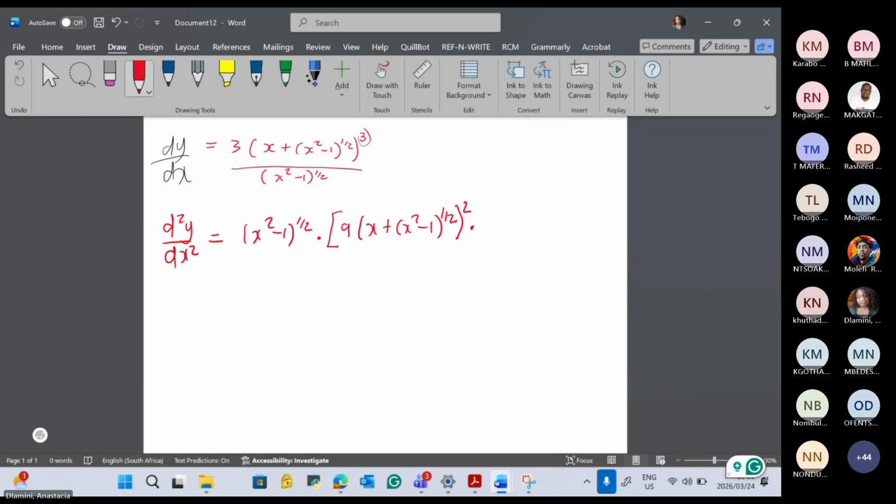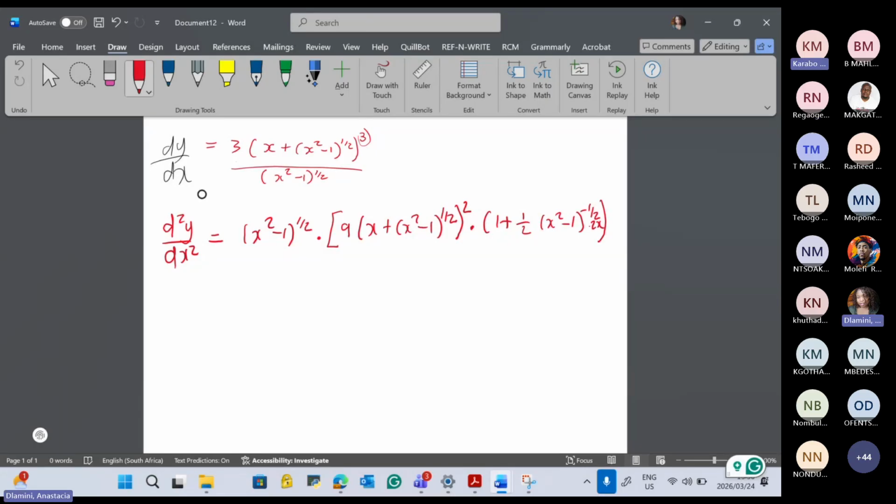Times the inner function. In this case, the inner function is 1 plus x squared minus 1 to the power of half, a half times x squared minus 1 to the power of negative half times 2x.